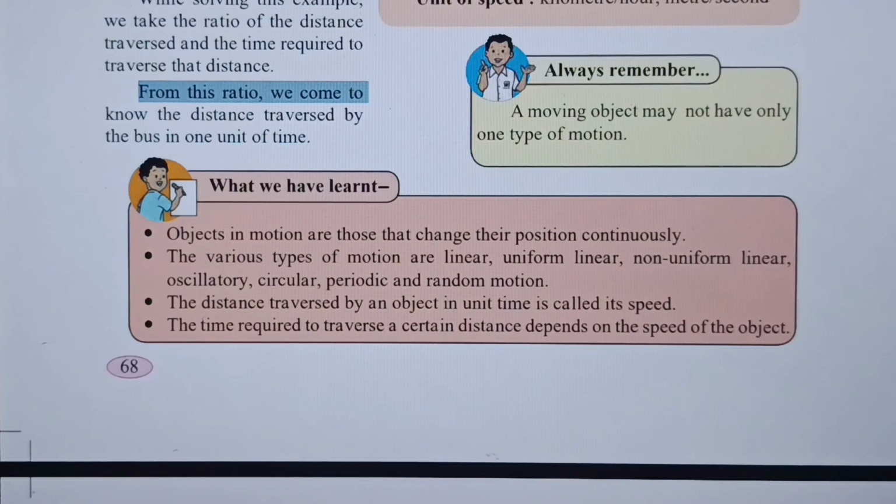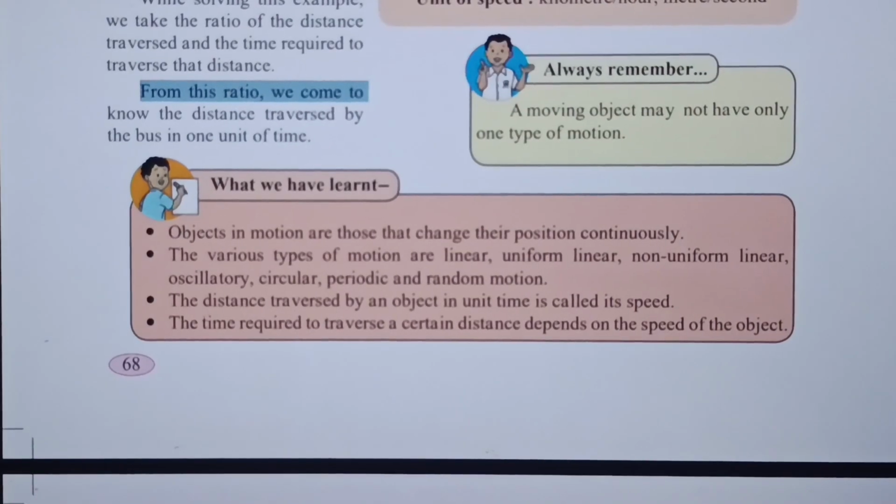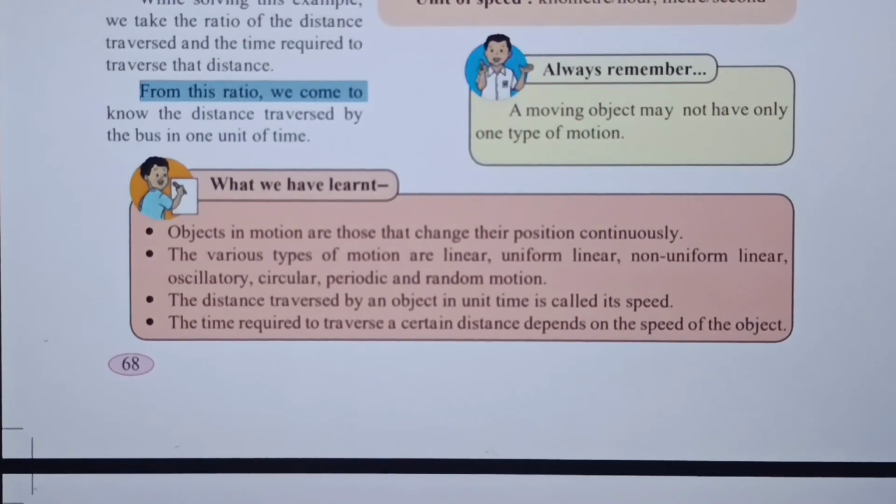So we have learned about the types of motions. They are given clearly at the end of the chapter. Under linear motion we have learned uniform linear and non-uniform linear. We have also learned oscillatory motion, circular motion, periodic motion, and random motion.